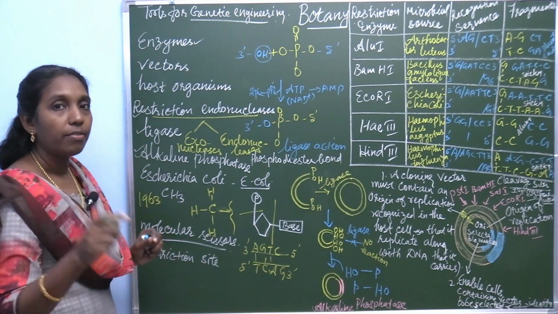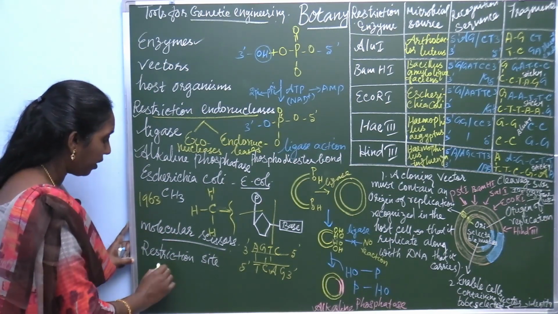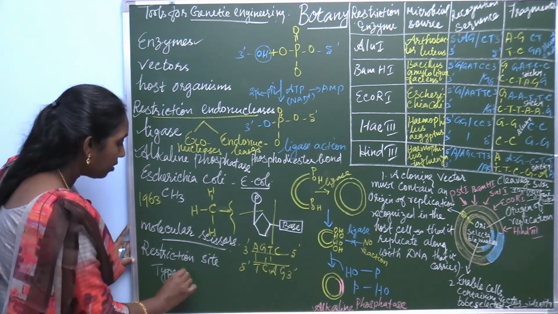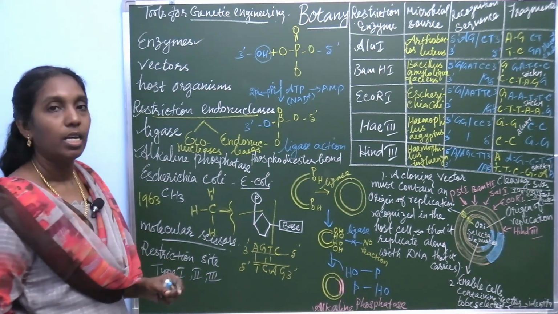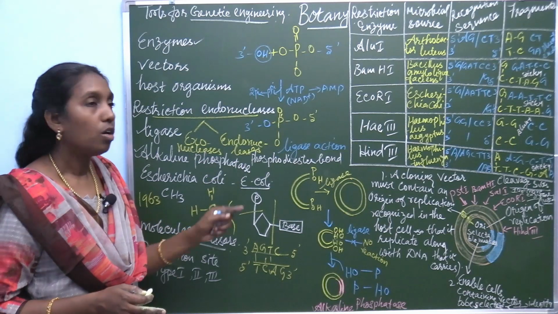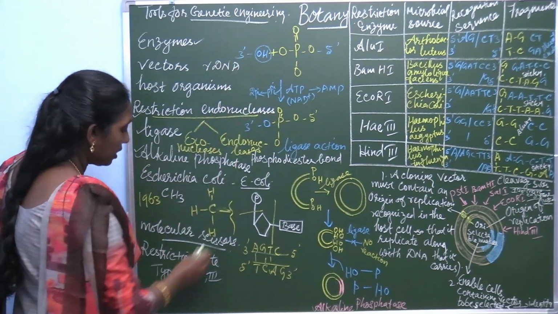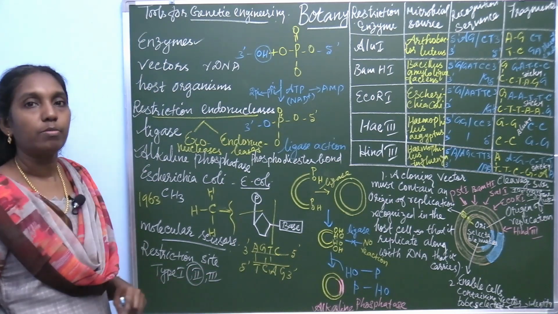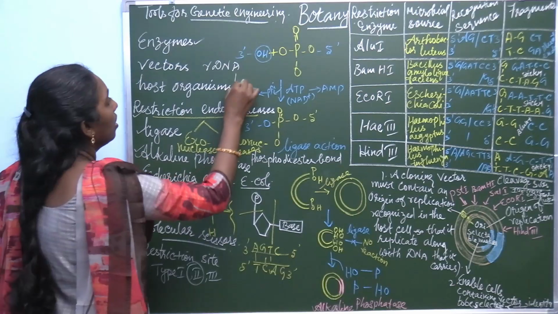So, restriction enzymes are classified into 3 different types: type 1, 2 and 3. Here in recombinant DNA technology, that is rDNA technology, type 2 restriction enzymes are involved. One example is HindII.